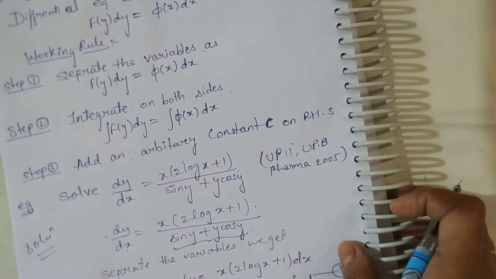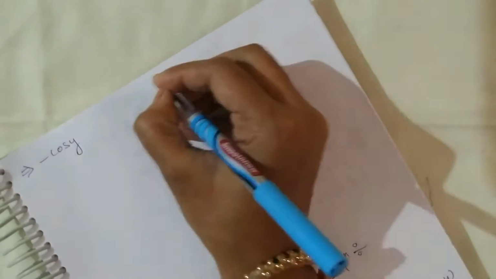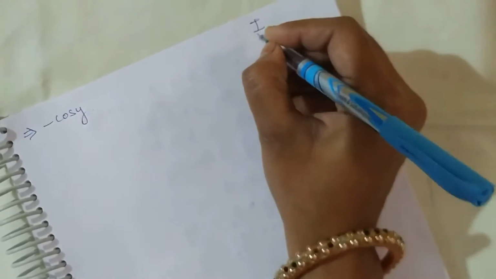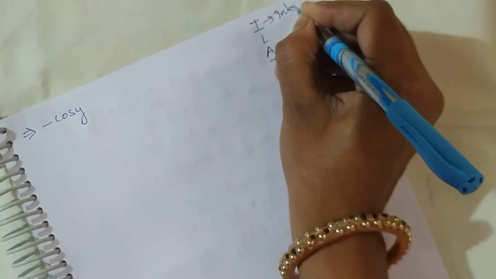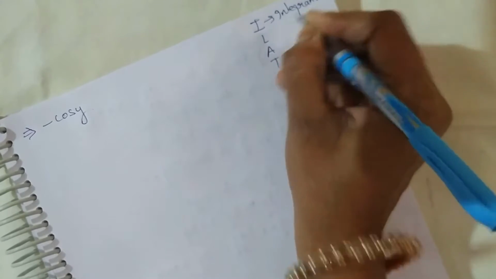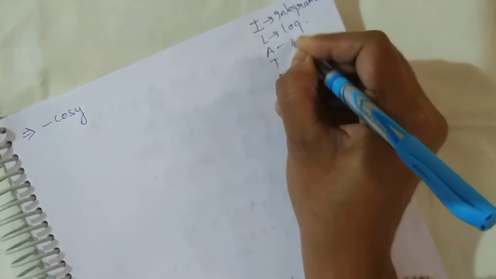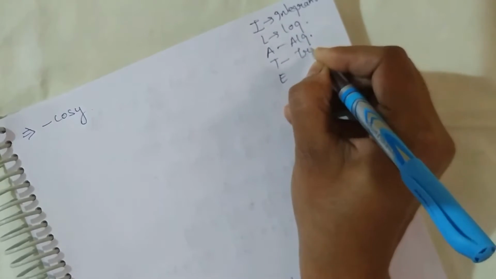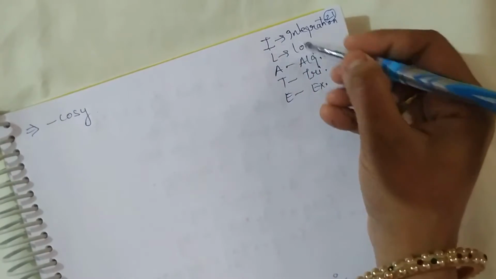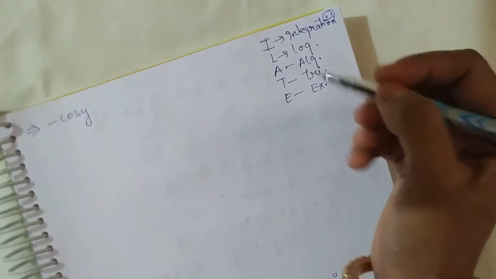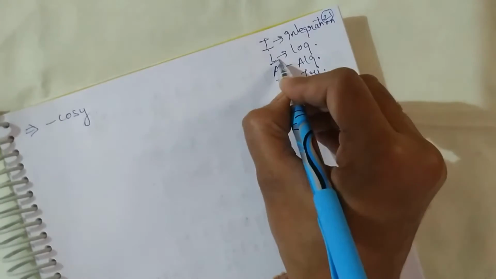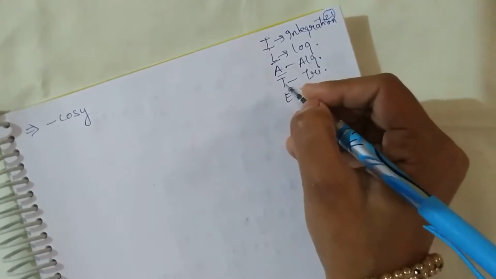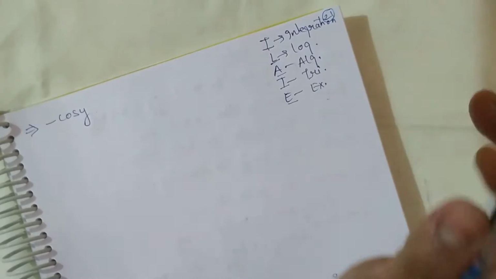We know what ILATE is: logarithmic function, algebraic function, then trigonometric function, then exponential function. This is a sequence of integration in which we give preference first to the logarithmic function, second algebraic, third trigonometric, and fourth exponential function.